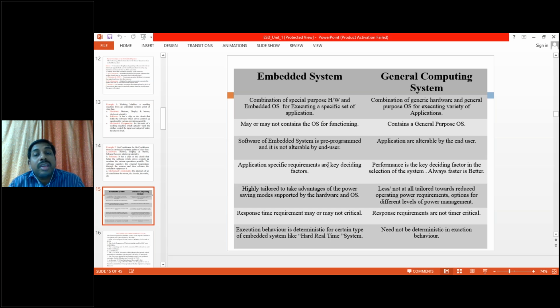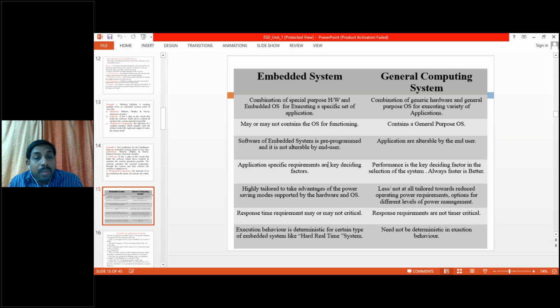So performance is the key parameter in selection of a general computing system. Whereas if you are doing the application, we can compromise on portability, or weight, or memory capacity, or any hardware. The application must be met by the embedded system, whereas the performance must be good for a general computing system.